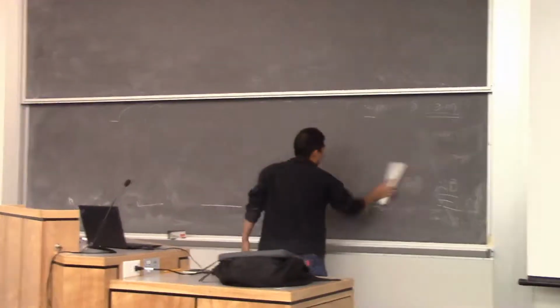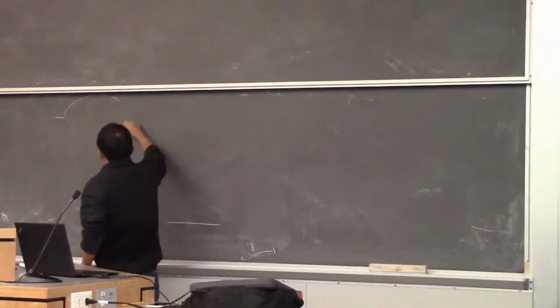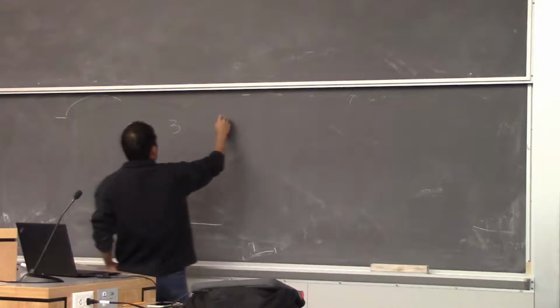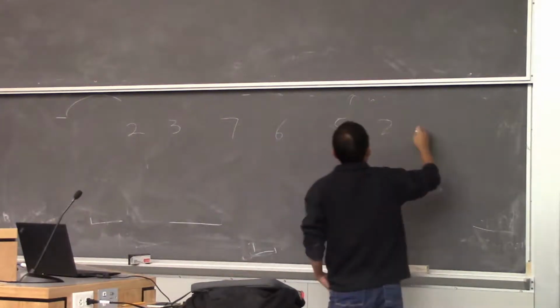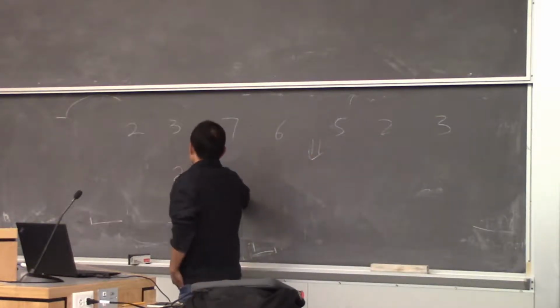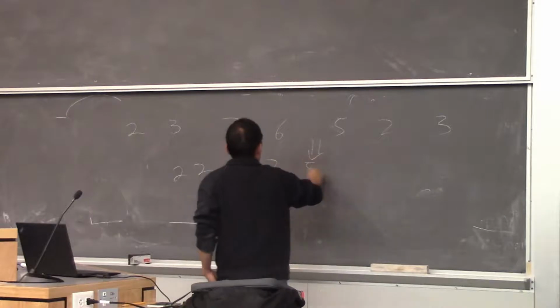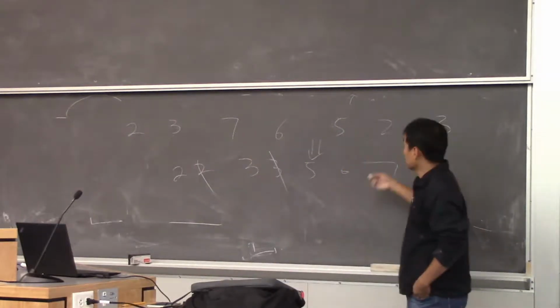Then you simply cross out duplicates. This is by sorting.